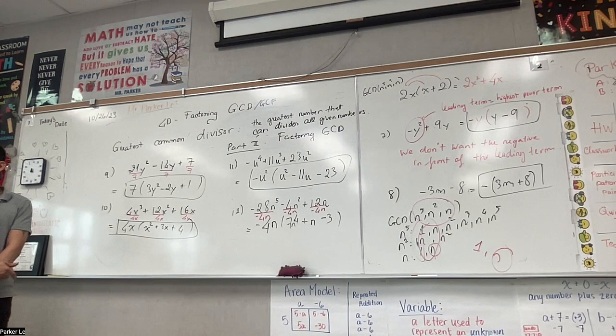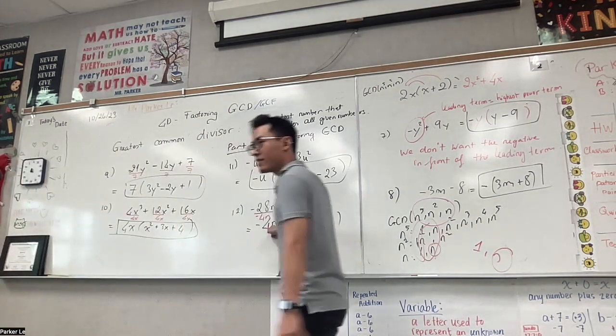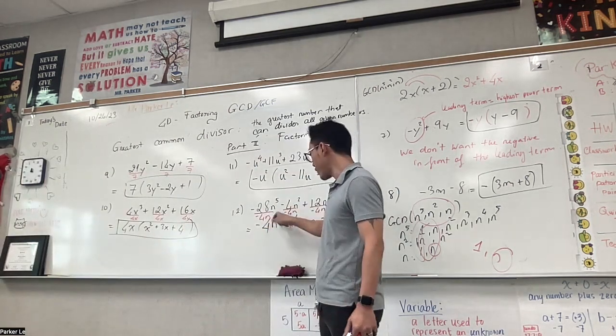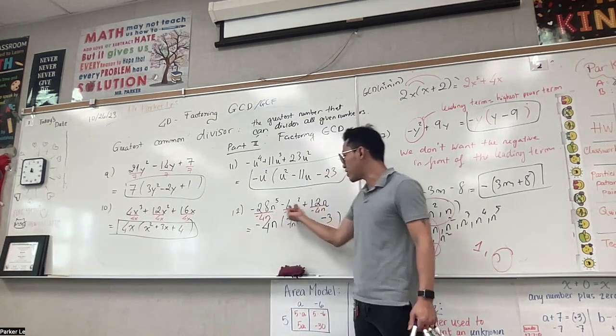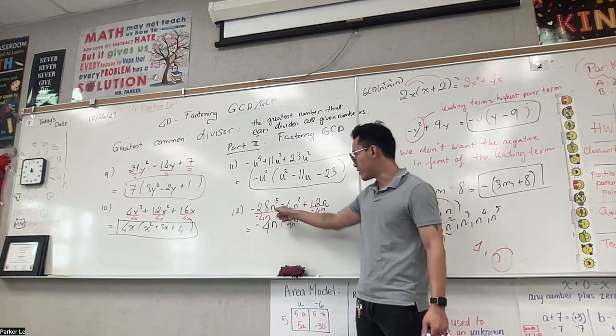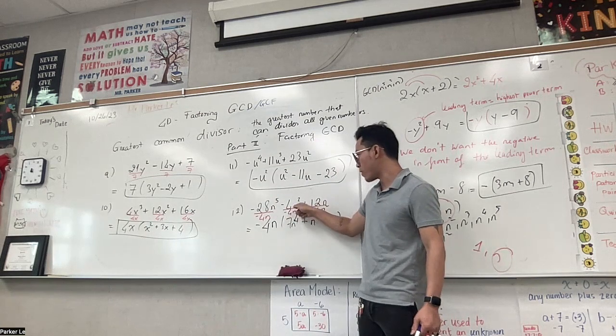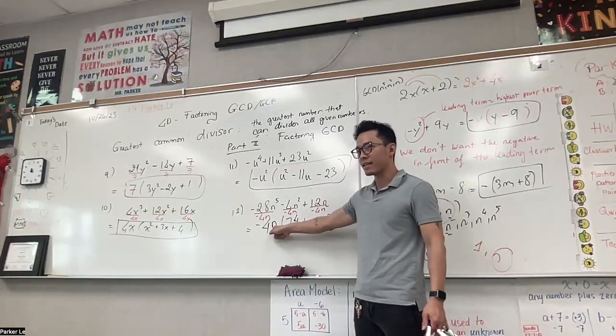The 4 power, 5 power. How do you know the power? The power depends on what the GCD is. The GCD of n to the fifth power, n squared, and n is n.